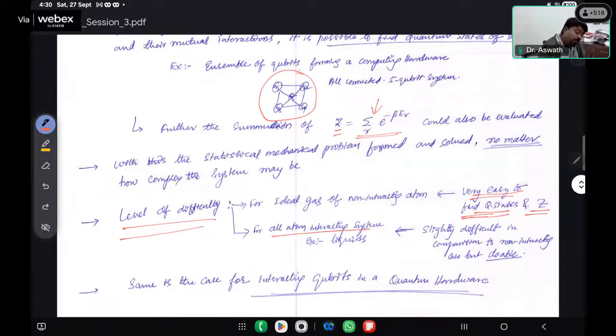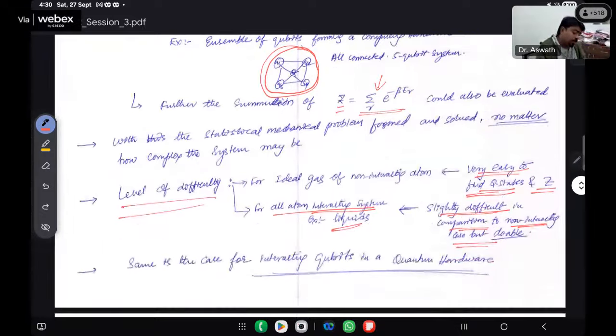But when all the atoms are interacting, like in liquids, I'm not saying it is impossible, but it is slightly more difficult in comparison to the non-interacting case to find information about the system. To get the mean energy and any mean value of parameters, we can do it, but we have to take into consideration the interactions of the system. Likewise, we need to do so, for example, in a 5 qubit system.